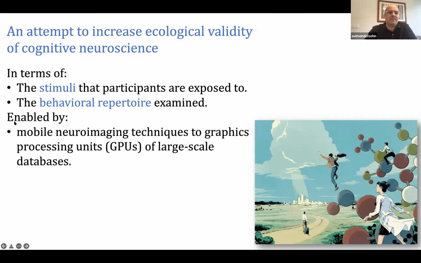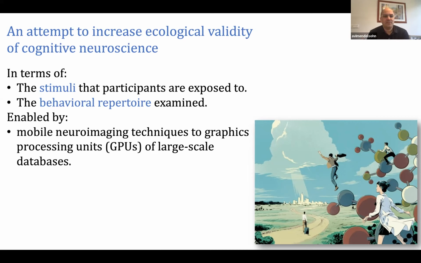The main ways we were thinking of presenting this approach was in terms of the stimuli that are used in experiments, which can be used not only for lab-based experiments, as we are all familiar with, but going into more real life or real life-like stimuli, which are more naturalistic and have higher ecological validity.